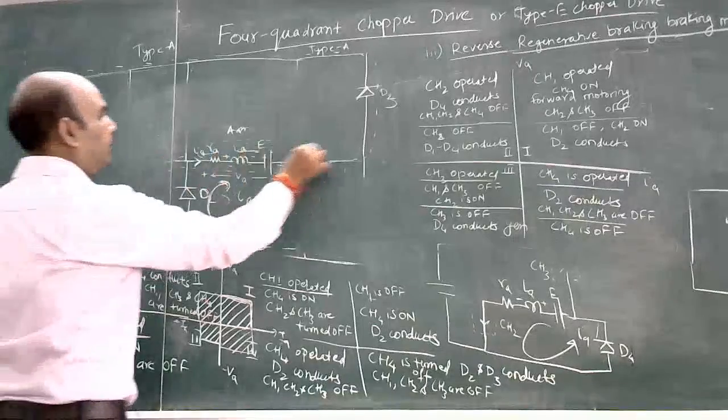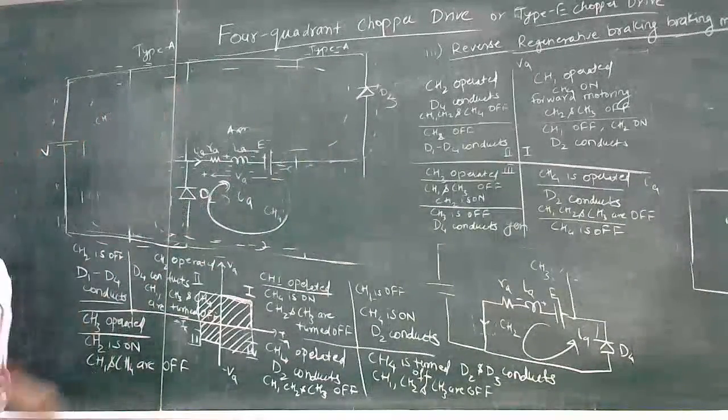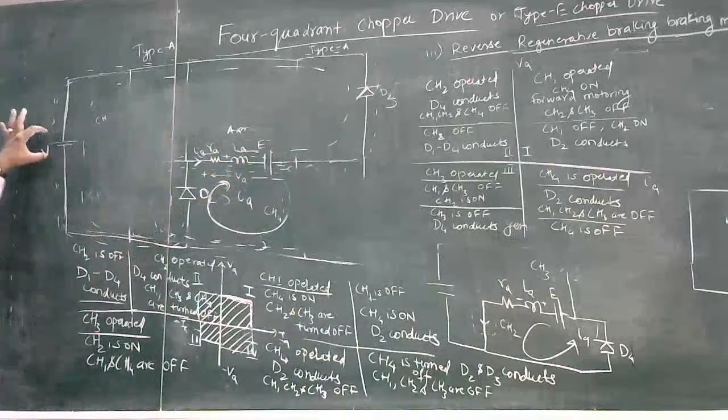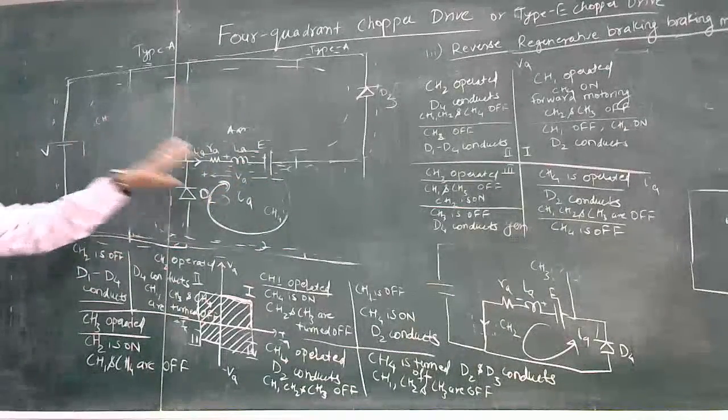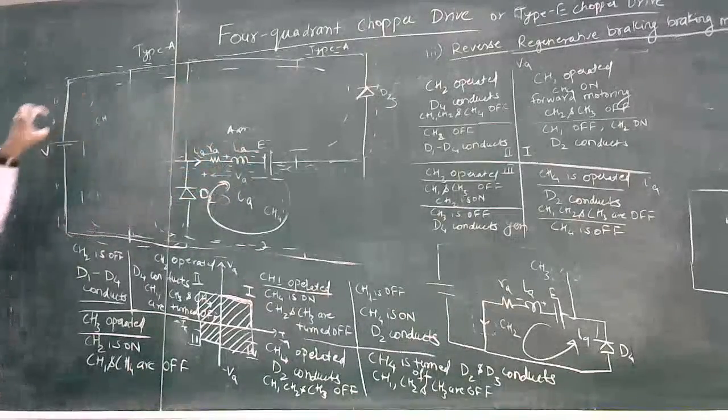So current IA is in the positive direction and this voltage is greater than the supply voltage, so it is behaving like a generator and will give energy back to the source.